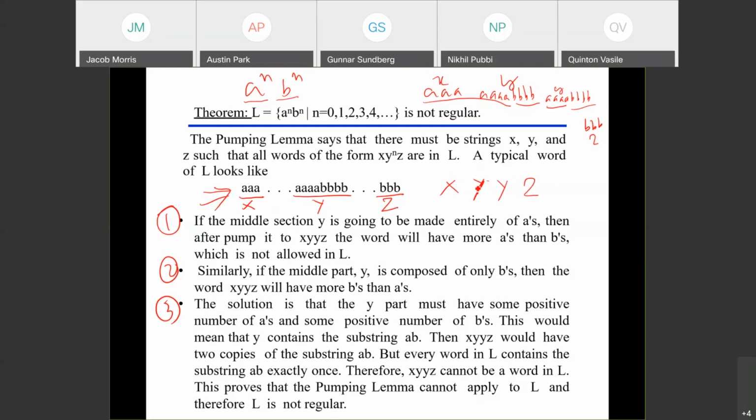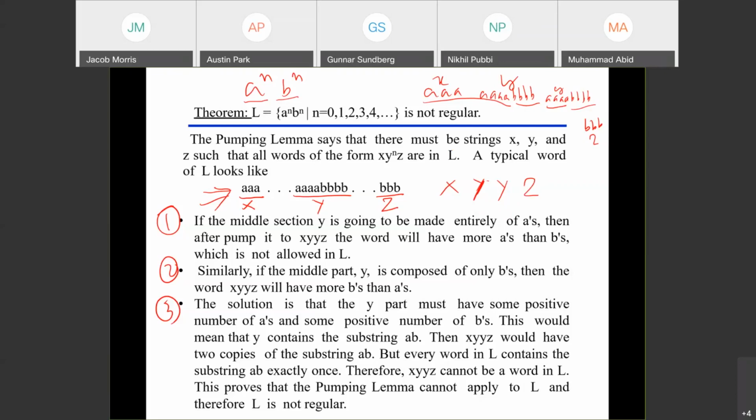It has the same number of a's and the same number of b's, but it has a problem: you will have a after b, because once you pump y, you will have a, b, something like that here. You will have again a after b, which is not the case here. The language says it is a^n b^n. It should not violate the definition of the language.